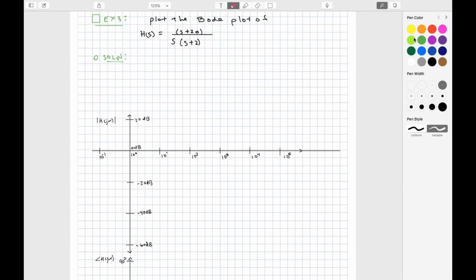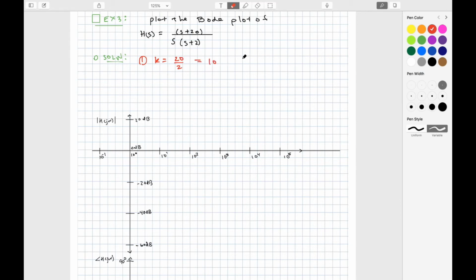All right, example 3. I have the system shown here where I have s + 20 in the numerator and s times (s + 2) in the denominator. What I know is that first of all, I have a gain K. K is equal to 20 over 2 because I remove this pure integrator.